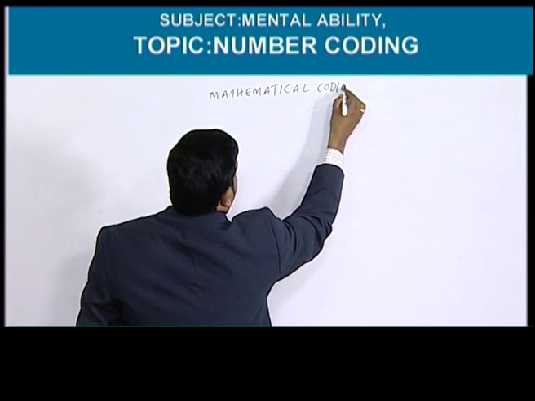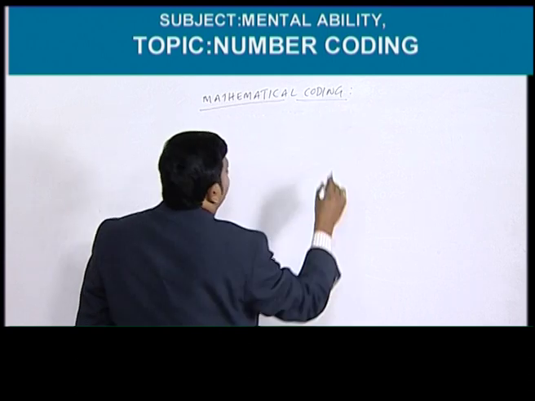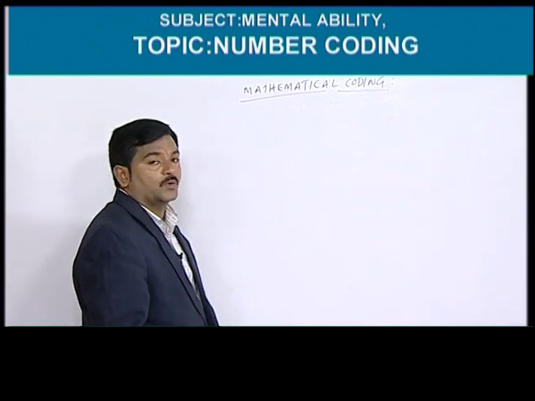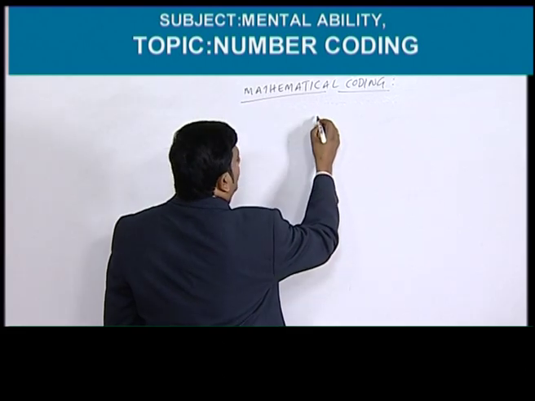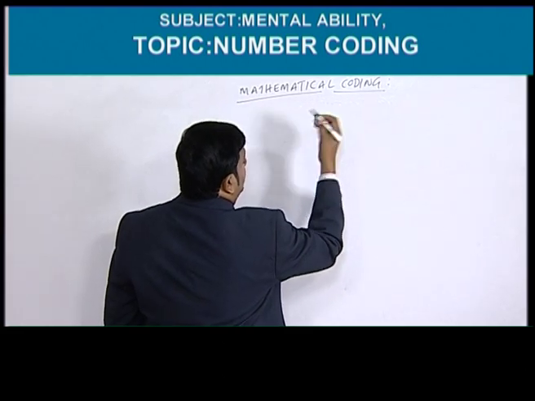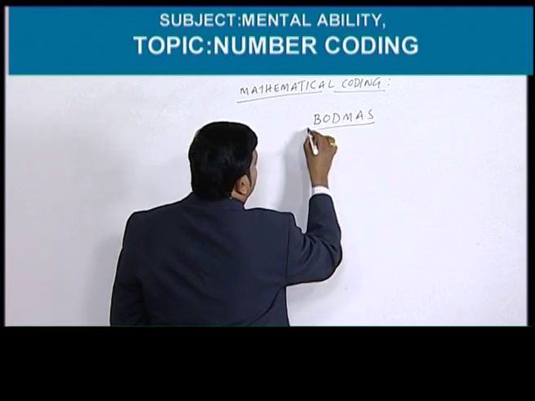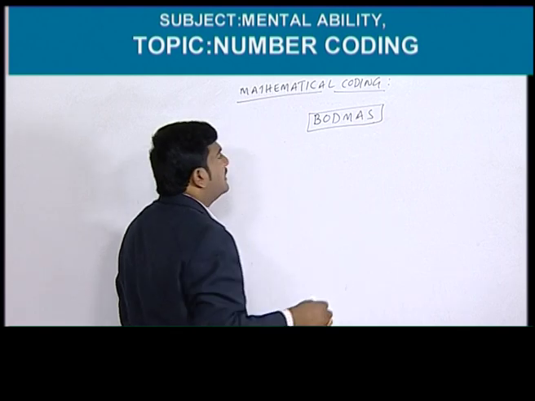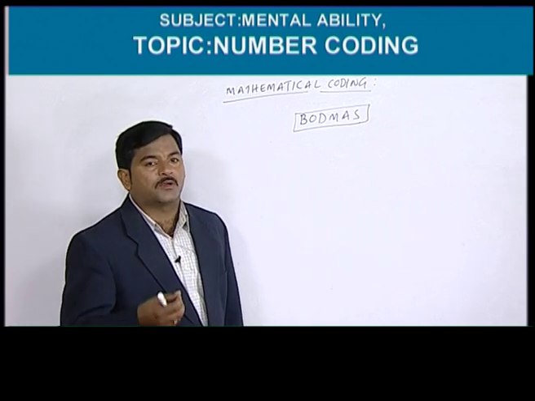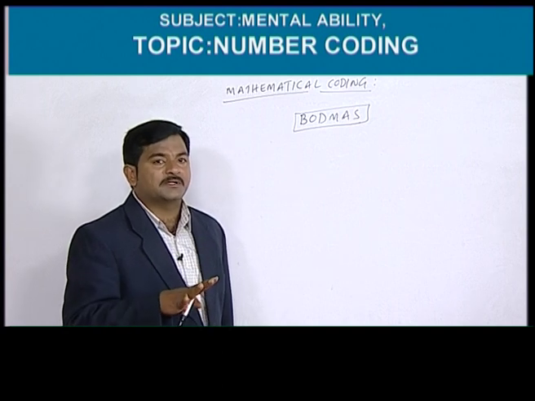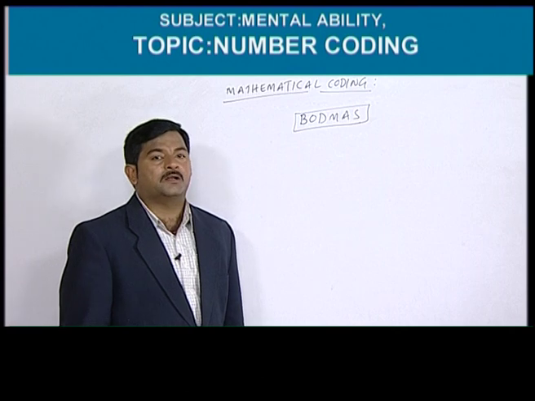Before going to see the different types of examples in mathematical coding, first of all we need to know one concept, that is the BODMAS rule. I think you already know about this BODMAS rule concept. Actually, regarding this mathematical coding I am going to give only 2-3 problems, because we have one separate topic in our analytical ability, that is mathematical operations.